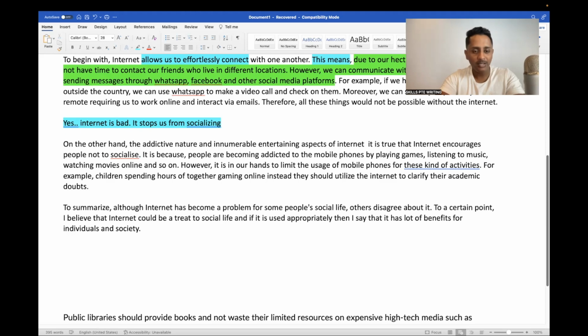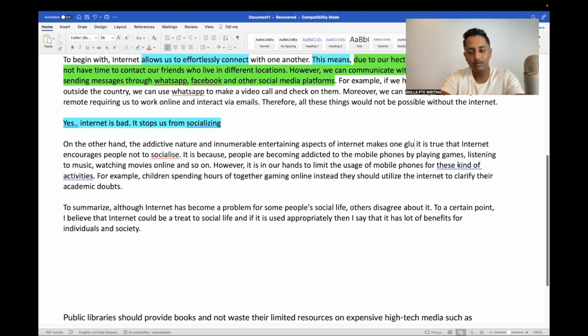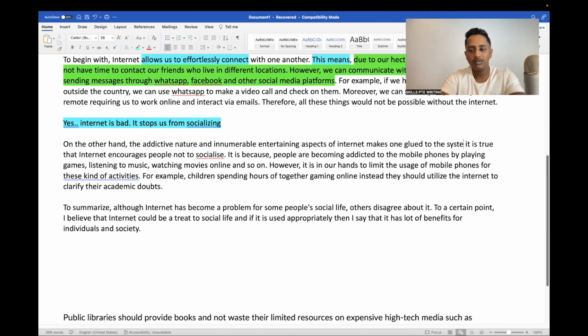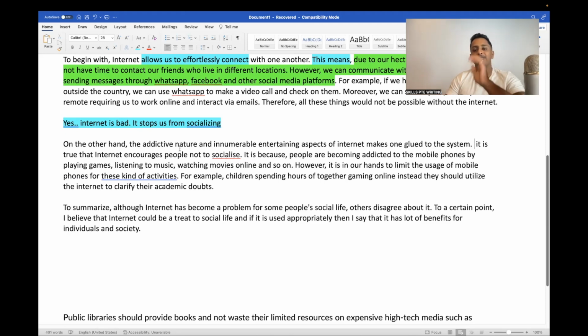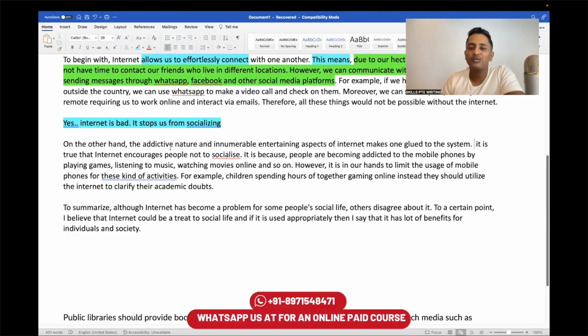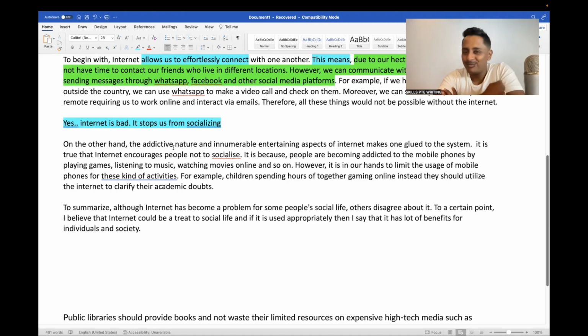Can anyone help me with it? What it does? Makes one glued to the system. This means, or due to this, people become so addicted and will not even try to connect with others as they're engrossed in the system or computer or internet.